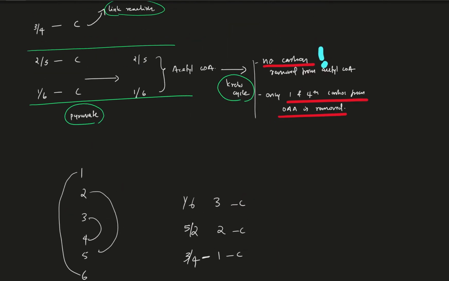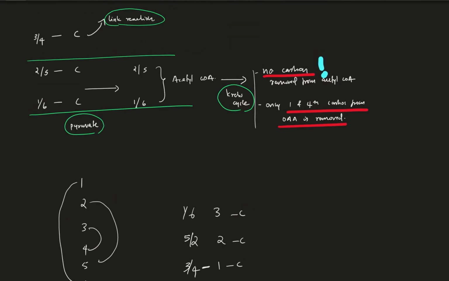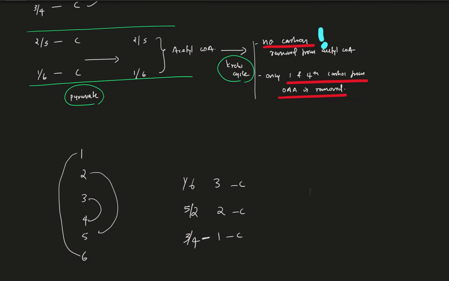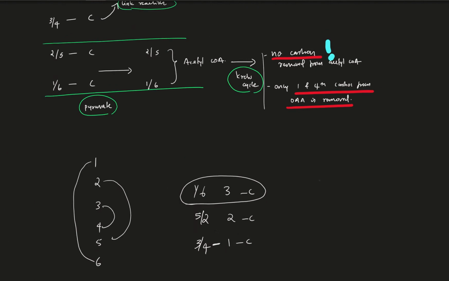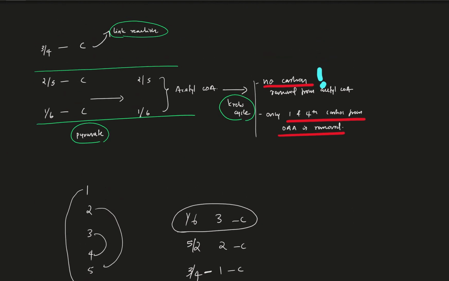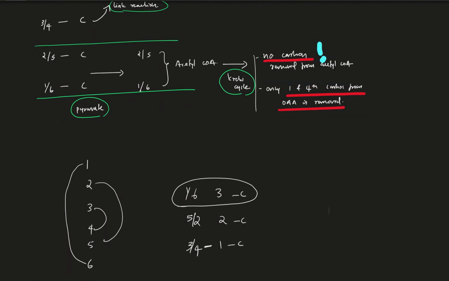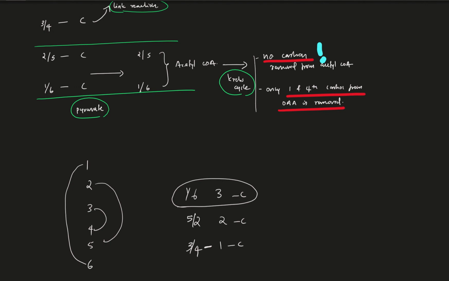Then in the link reaction, this carbon is removed. I think that is termed the first carbon of pyruvate, which is the 3rd and 4th carbon of glucose, the inner carbons.